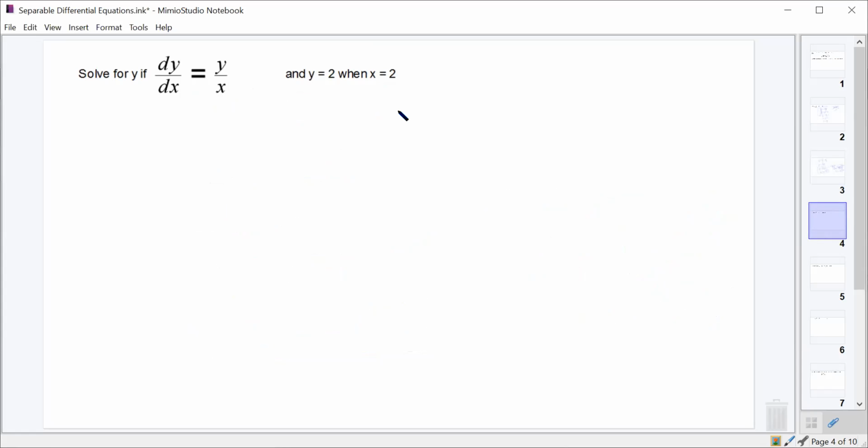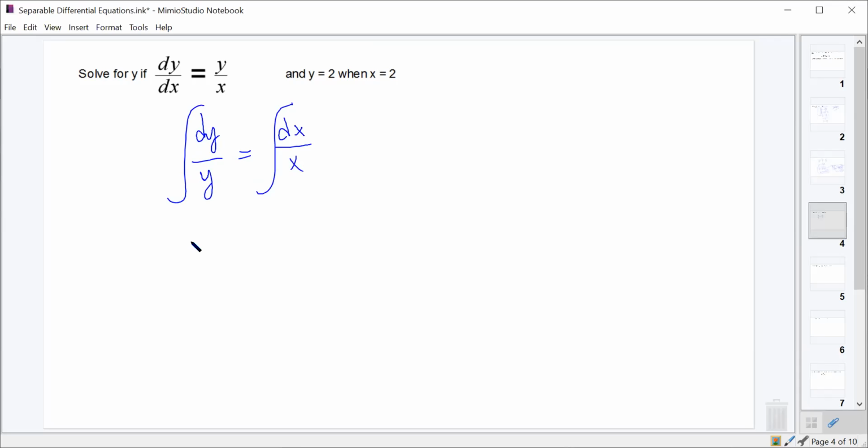Okay, so we should end up with what? dy over y equals dx over x. Good or no? Hopefully good. All right, and then we'll integrate.